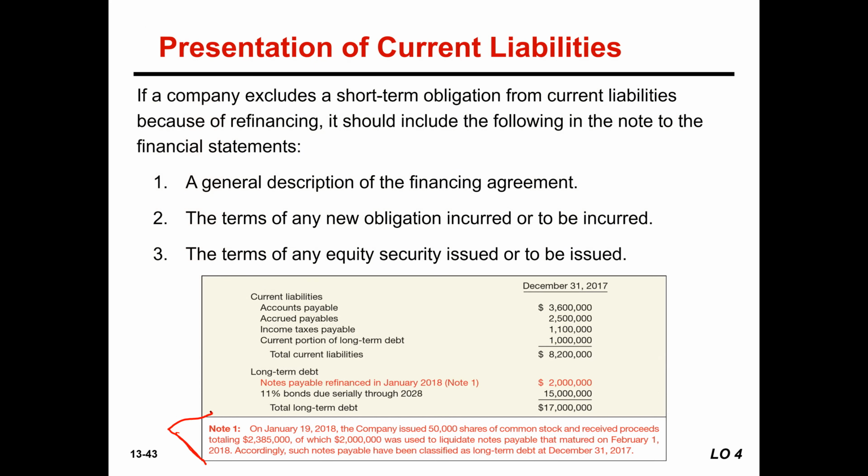On January 19th, 2018, the company issued 50,000 shares of common stock and received proceeds totaling $2,385,000, of which $2 million was used to liquidate notes payable that matured on February 1, 2018. Accordingly, such notes payable have been classified as long-term debt at December 31, 2017.